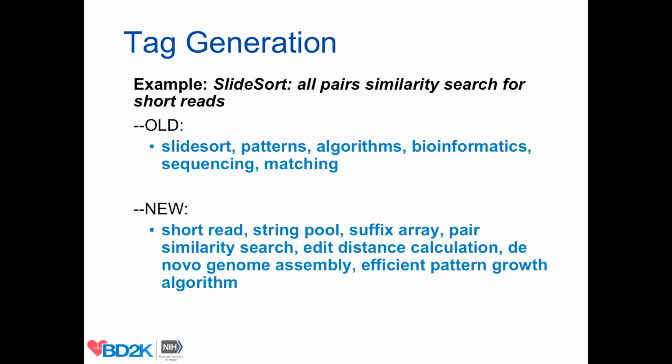To give you some more results, this one is about the slide sort. All pairs similarity search for the short reads. In the previous results, the short read even didn't show up, but here it showed up.